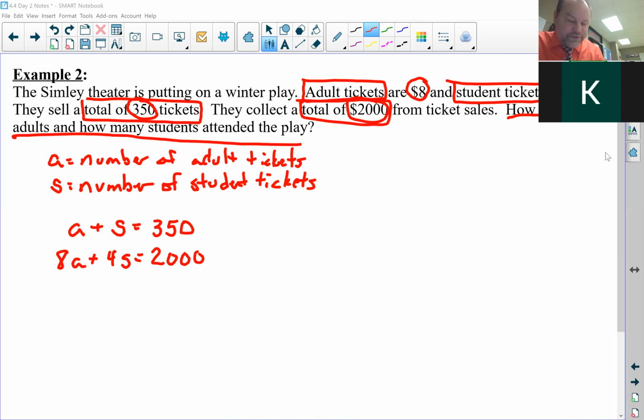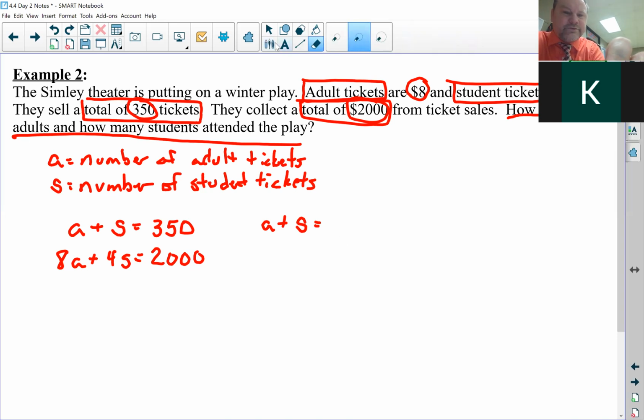What I would do, if I was going to use substitution, is take that first equation and write it down correctly. And I would solve for either A or S, it doesn't matter.